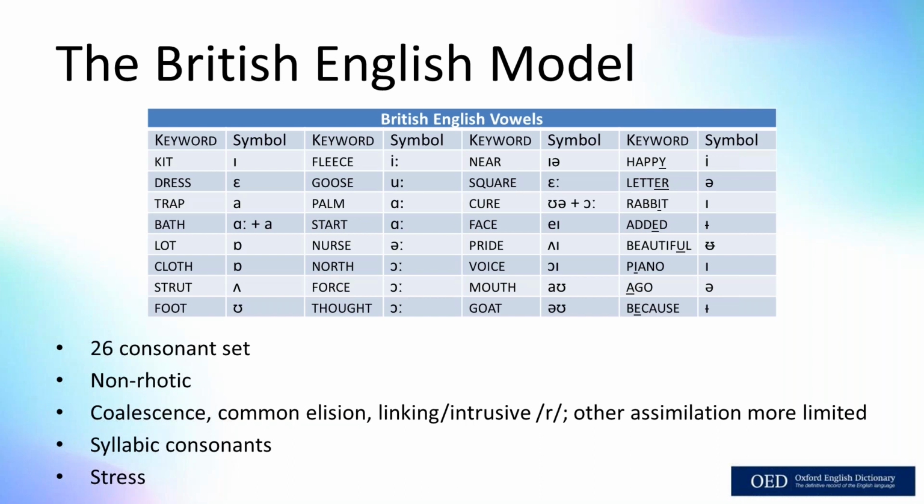Words such as dress and trap reflect a general lowering over the years of RP's short front vowels, while words such as those with Bath, as Catherine's already mentioned, will have 2 British pronunciations. Same for the cure combination.